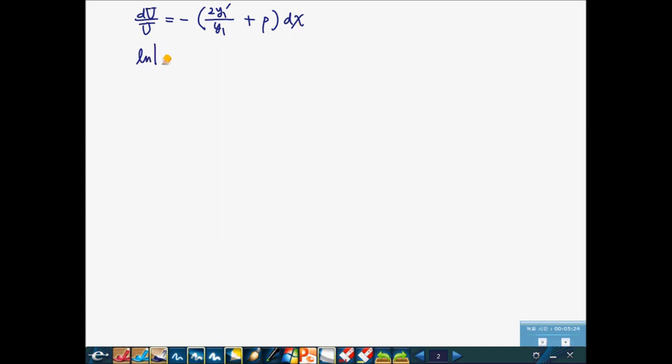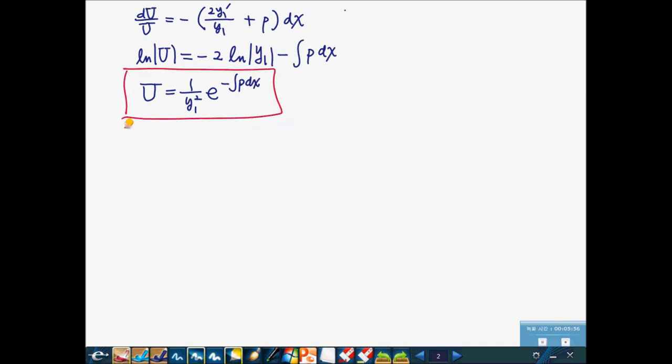And so ln U equals minus 2 times ln y1 minus integral of p dx. Right? So our big U will be 1 over y1 squared times e to the minus integral of p dx. Okay? So using the known y1, we were able to get the big U. But big U is nothing but u prime, right?